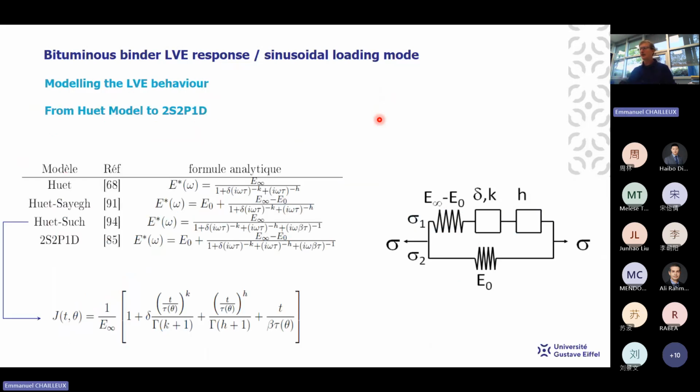Concerning the modeling, we know that there are lots of types of models, like the generalized Maxwell model, the Kelvin-Voigt model, or other types of model. But there is an interesting model using a special dashpot, which is in fact a non-linear dashpot.